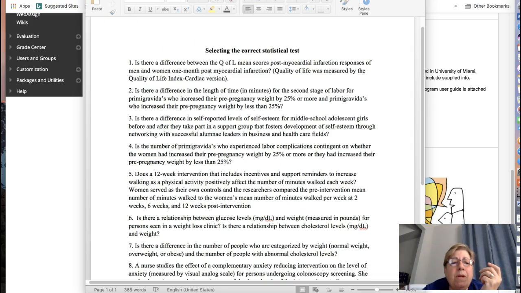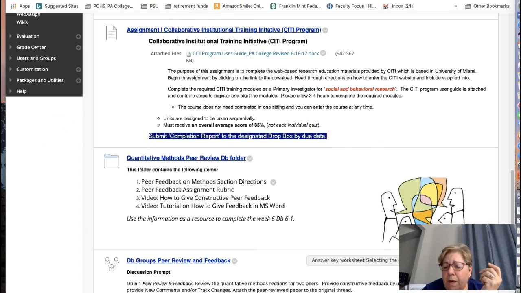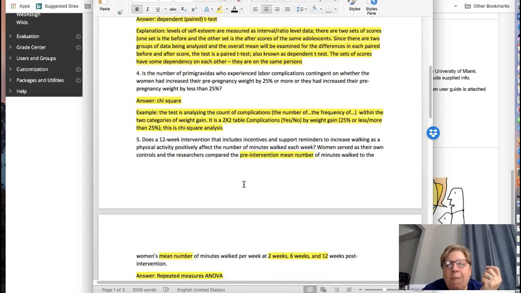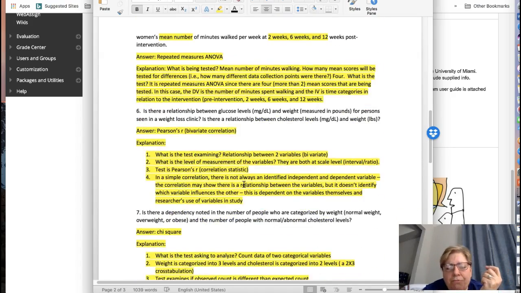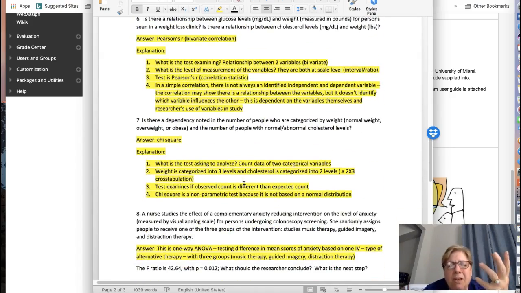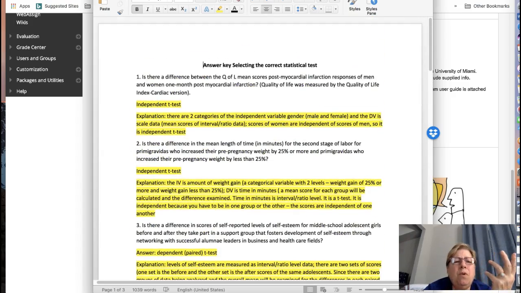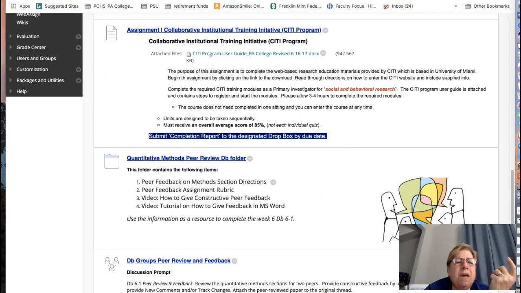And there is also a worksheet with the answers and detailed explanations. So you'll find this really helpful. I would go through this, go through your module, and then you'll make a decision of what works for you in your particular choice for your own statistical tests.